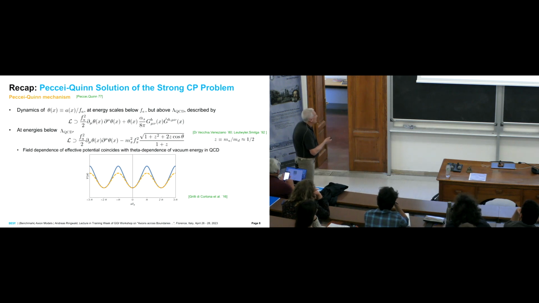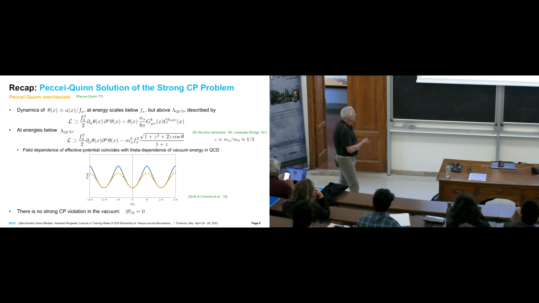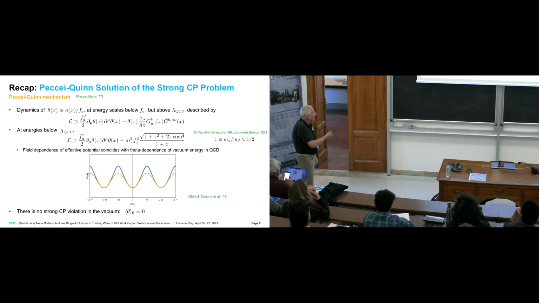It is a periodic function, and it has an absolute minimum at theta equal to 0, which means that the strong CP problem is solved by the dynamics of QCD itself, because the vacuum expectation value of this theta field, or of the axion field, is 0.